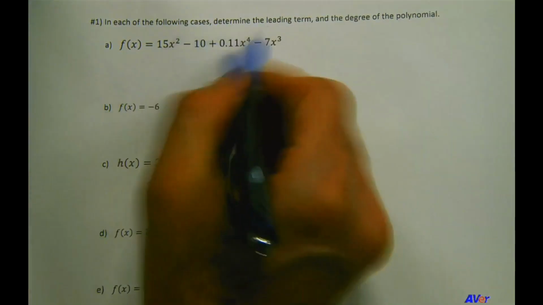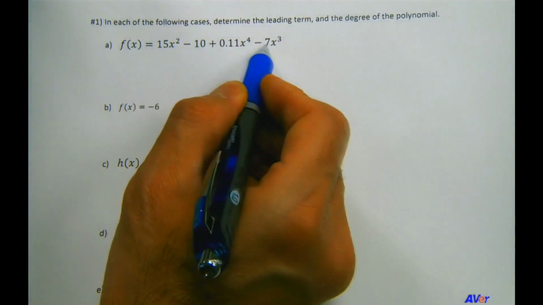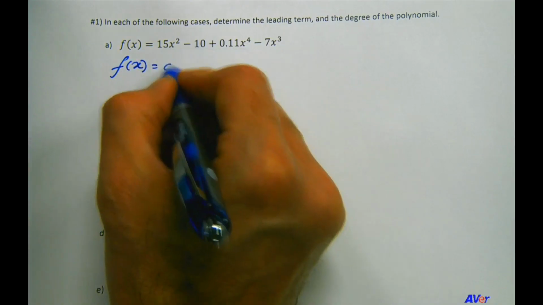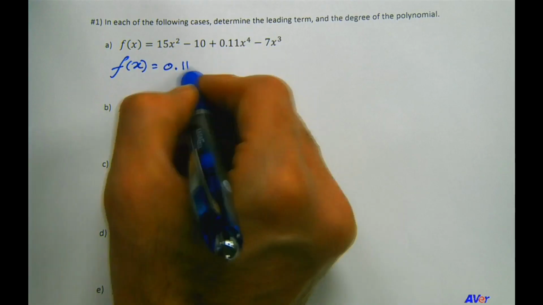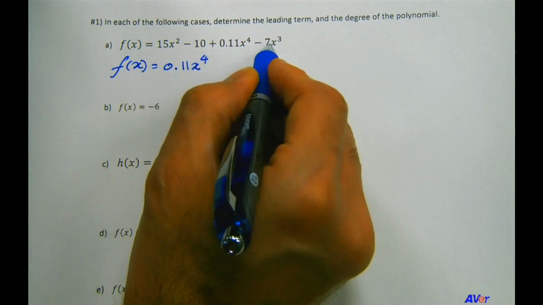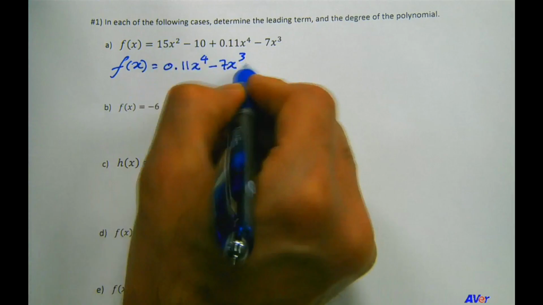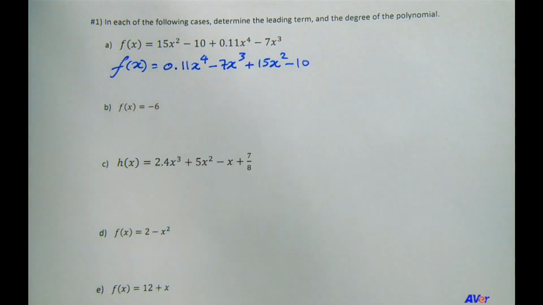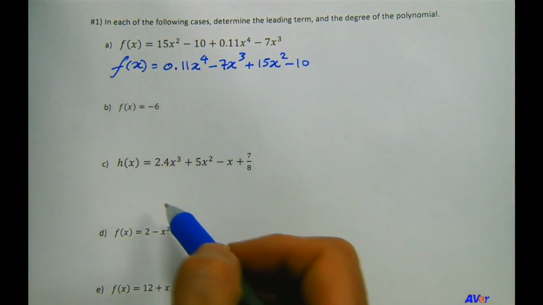So the leading term in this case, notice how the terms are not in descending order of power. So I always take my time to put these terms in the proper order. With the term with the highest power first, then the next highest power, then that one, and that one. Do you need to do this to answer the question? No. But I like to do it. So now the terms are in the proper order.